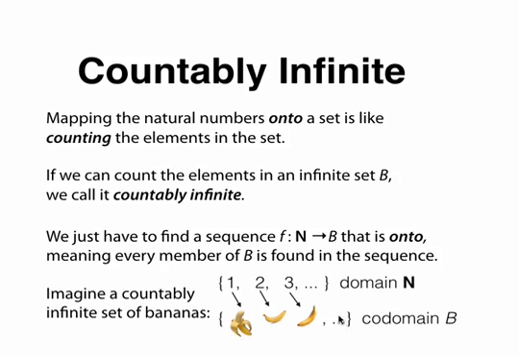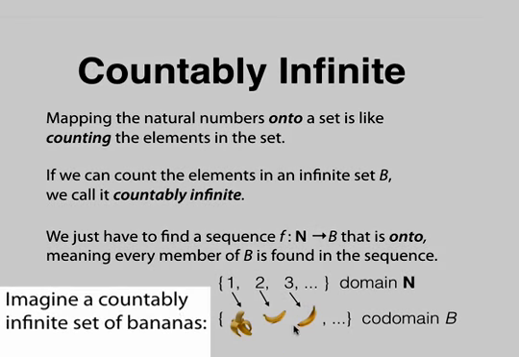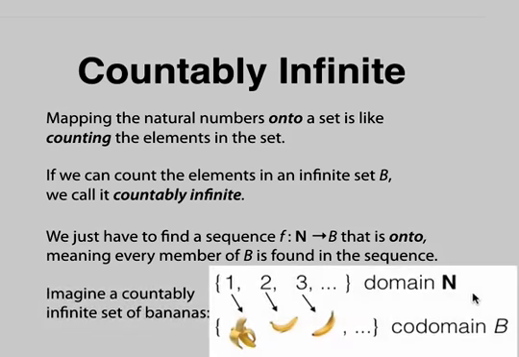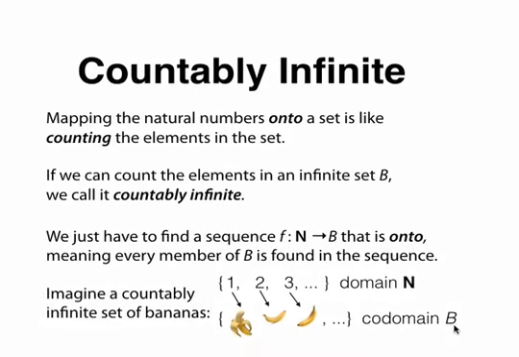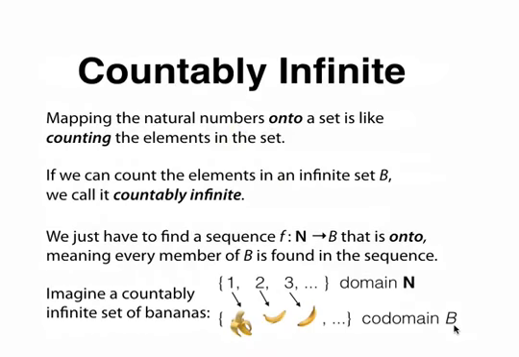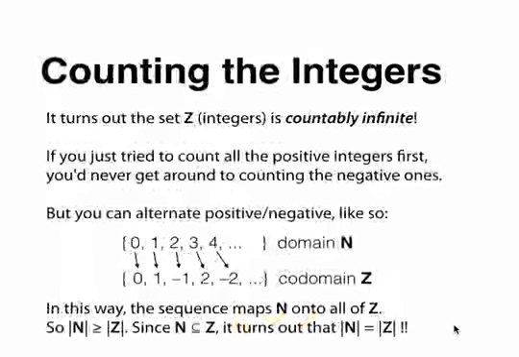Oh, this one, that's the billionth, trillionth banana. Oh, and that one is the third banana. So here we've got a countably infinite set of bananas. We've got our sequence. Domain is N. Codomain is bananas. Of course, a countably infinite set, by the way, has to be infinite. So it's both infinite and you can map natural numbers onto it.